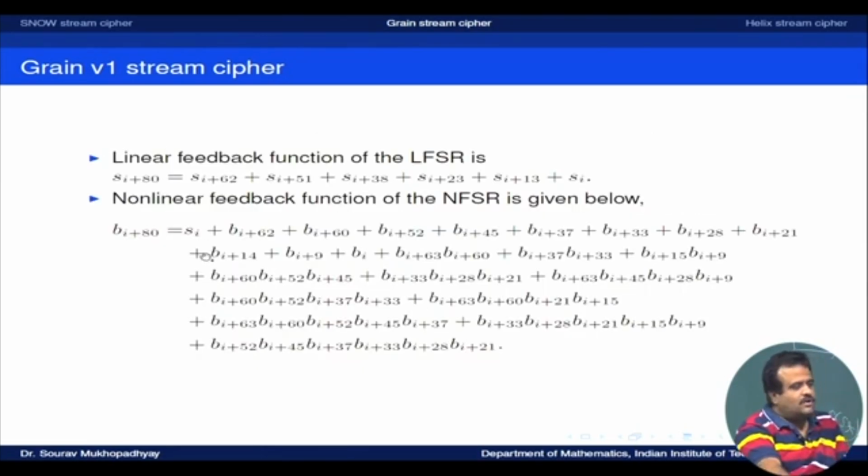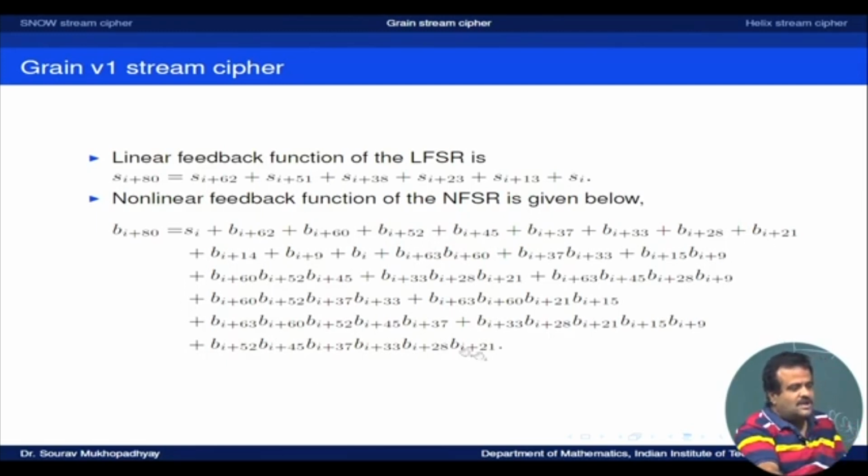So this is what we are doing here. This is our g function. g involves many bits from the NLFSR, like 62, 60, 52, 45, like this.